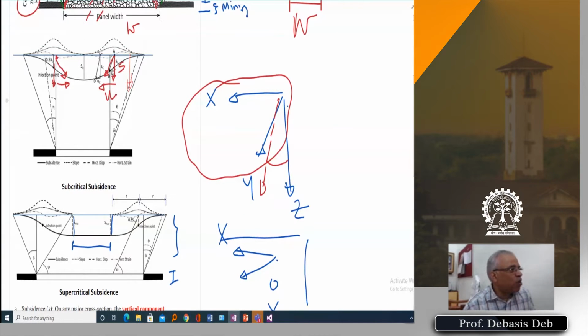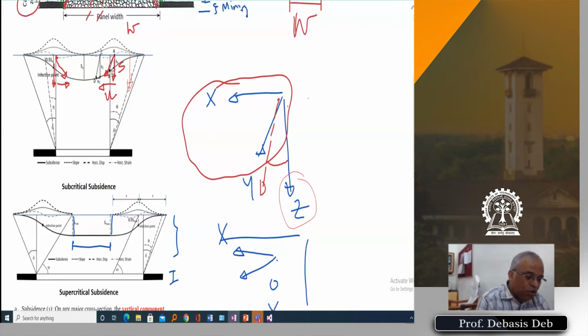So, if there are 2 discrete points we are measuring, this is a surface and we are measuring the displacements. These 3 directional displacements we measure, okay, and one is vertical, and there will be 2 horizontal.